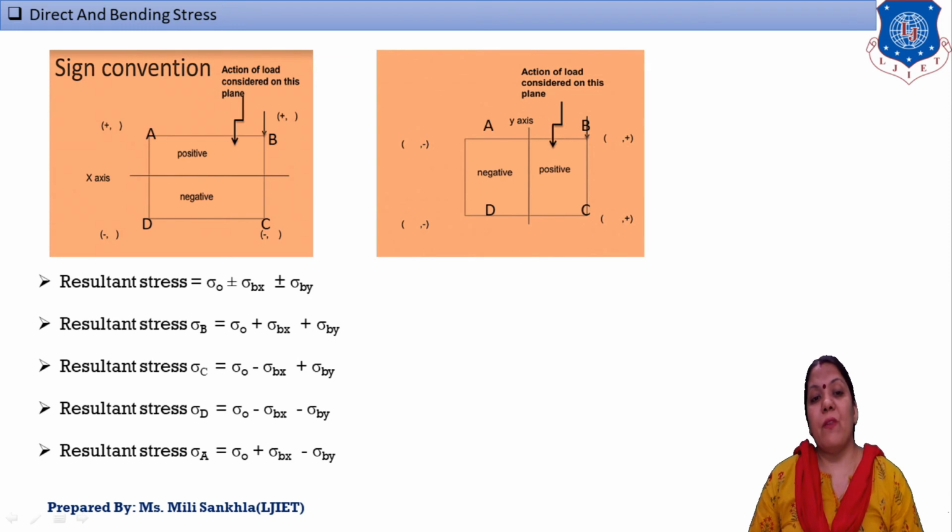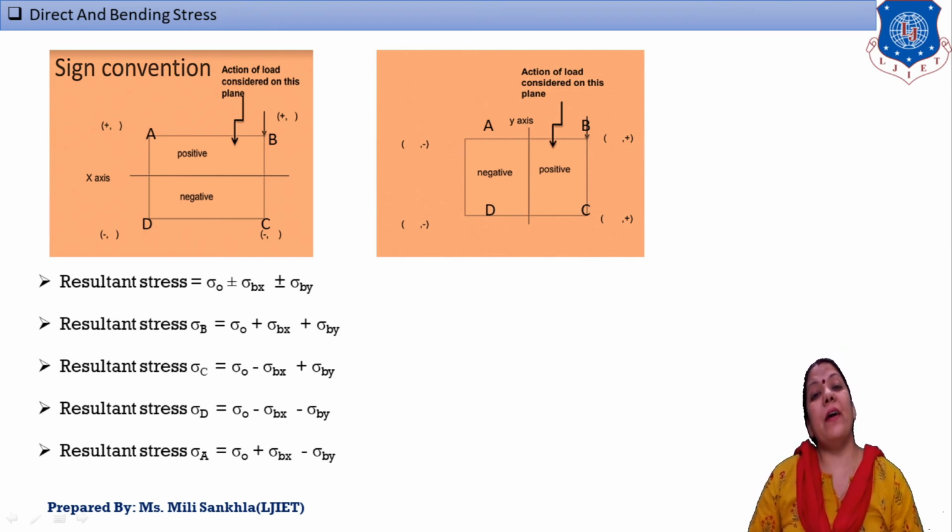But this condition applies when the load is given in the first quadrant. If the load is given in the fourth quadrant, we rotate all the sign conventions with respect to the fourth quadrant. If the load is in the third quadrant, again we rotate the sign convention with respect to the third quadrant. Simply, follow the sign convention of x and y from whichever quadrant the load is given in.